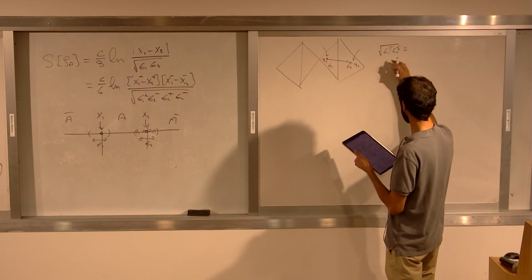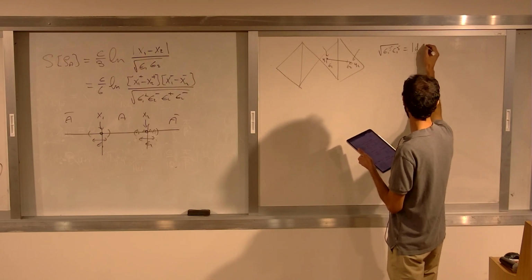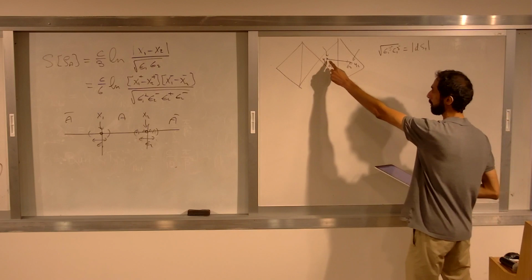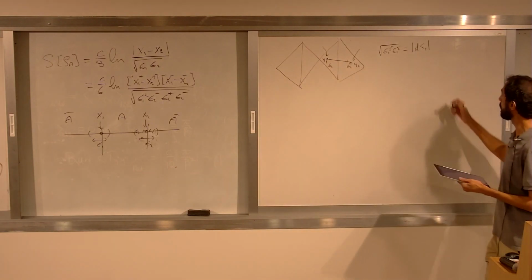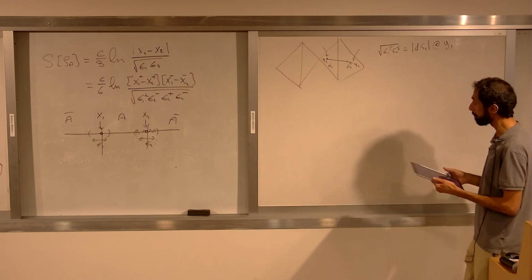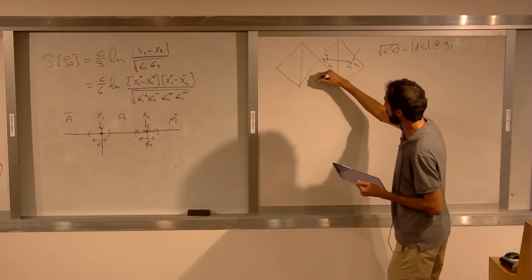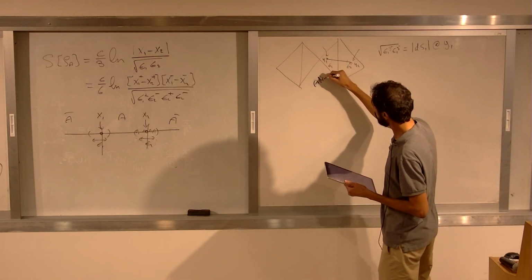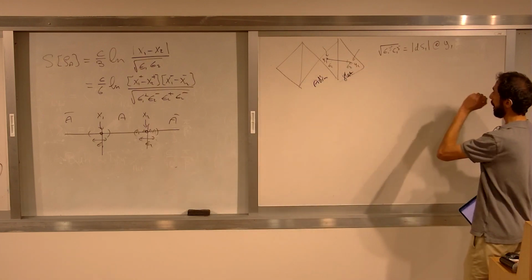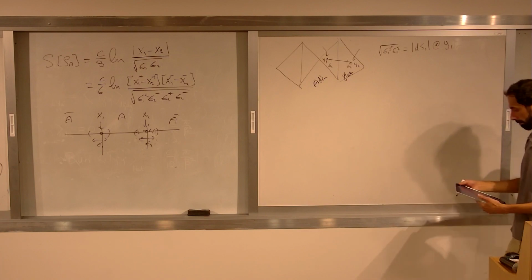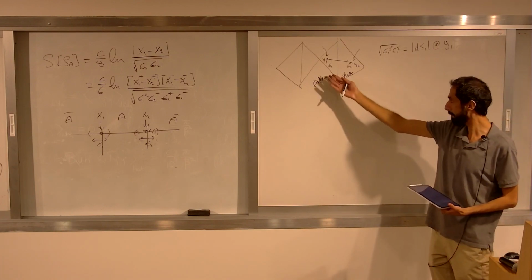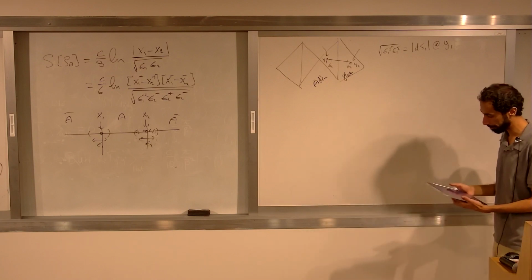It's some fixed number equal to the proper distance at this point, at y1, and similarly at y2. Here we have AdS2. Here we have flat. When I say proper distance, I mean proper distance with the physical metric in that region.